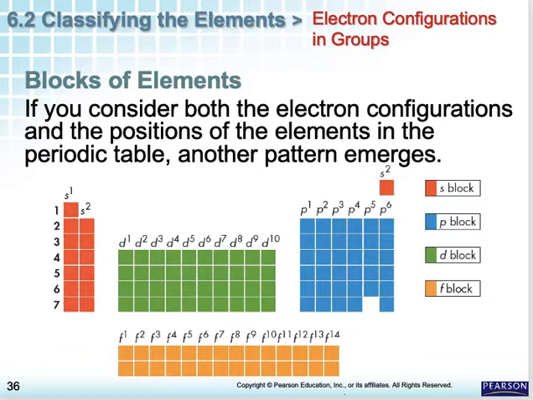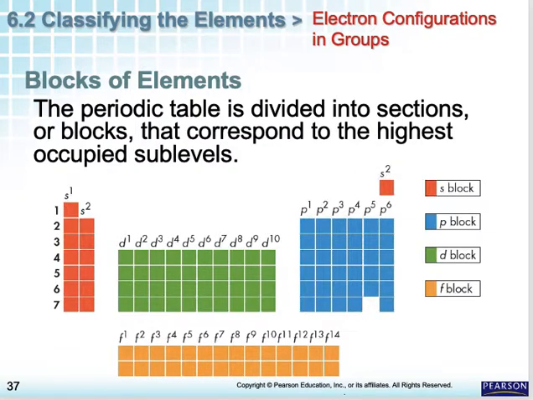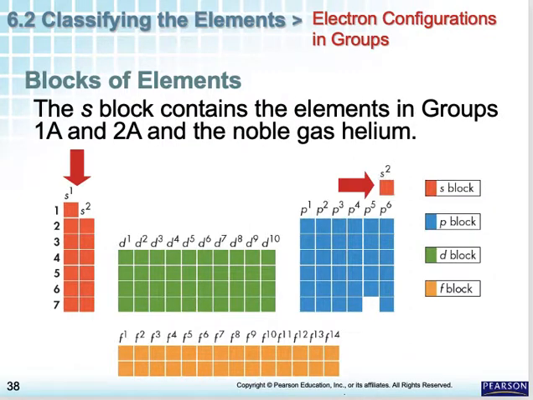Blocks of elements: if you consider the electron configurations, and we've done this, we colored in our periodic tables before. We have the S block and the P block, and those are our main group elements. The D and the F blocks are our transition metals and inner transition metals. The table is divided into sections or blocks.